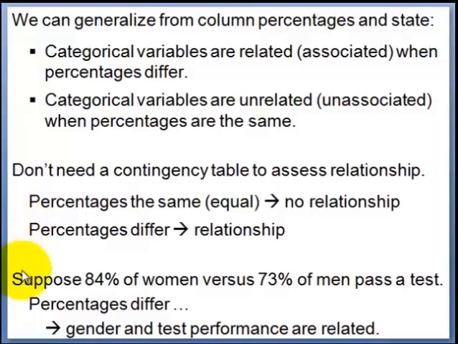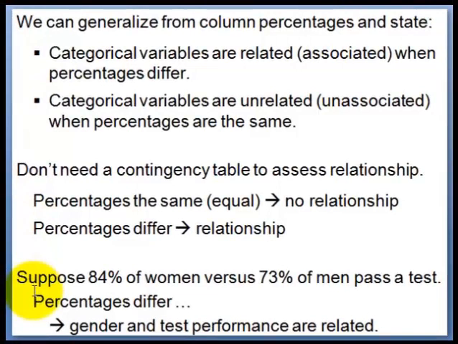So suppose you read that 84% of women versus 73% of men pass a test. This is just simply information you're reading. There's no contingency table. These percentages do indeed differ, and therefore gender and test performance are related. To make a couple more points, there are many different ways to describe relationship between categorical variables.